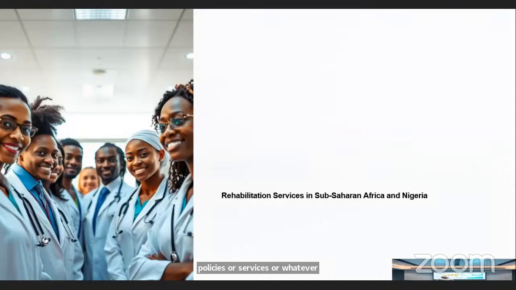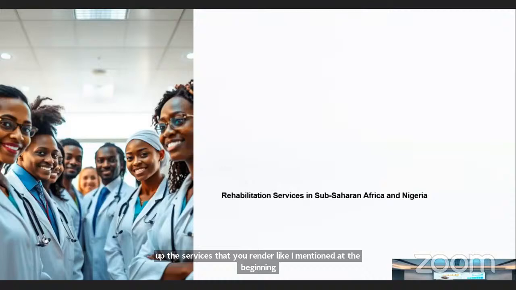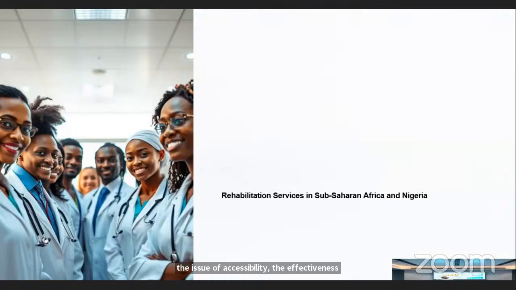So definitely there are a lot of standard tools, but sometimes when you go to access them, for your own services you may need to look at one and adapt, adjust or modify it to fit your needs. Generally, you identify the key elements that make up the services that you render. Like I mentioned at the beginning, these key indicators are very key: the accessibility, the effectiveness, the efficiency, the safety, and so on.